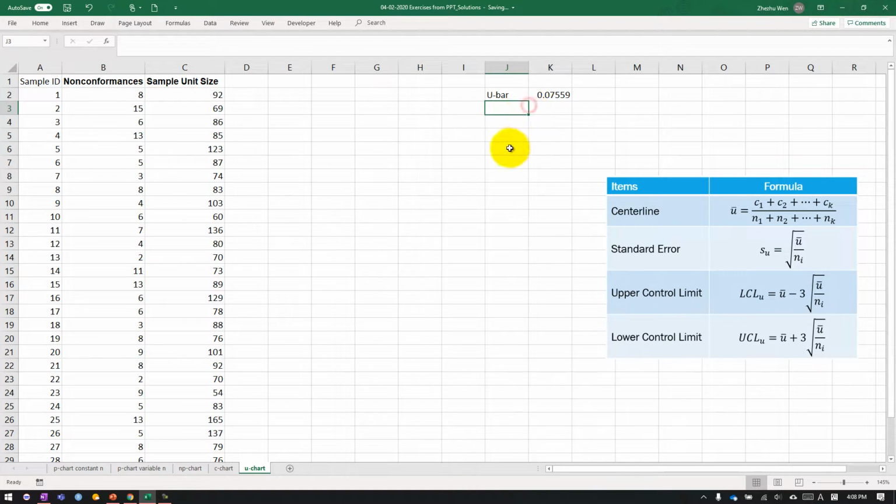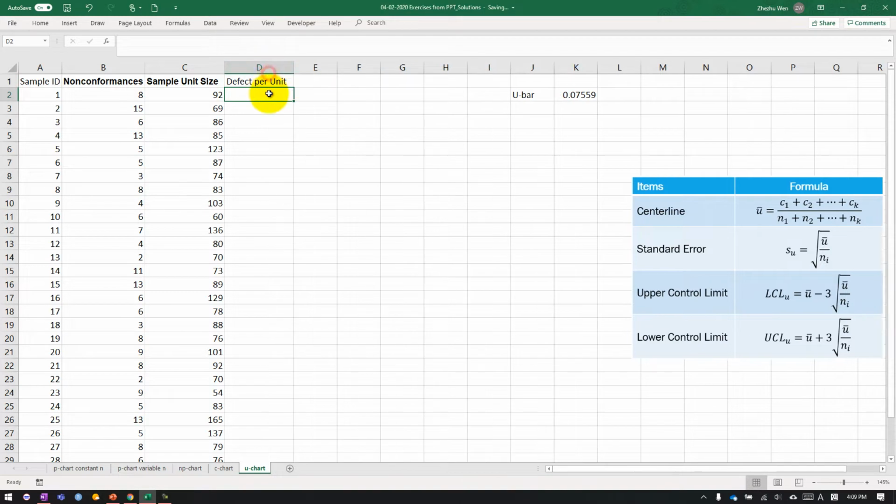It looks like the number of nonconformances is quite small. With that ready, we're going to calculate the defect per unit.